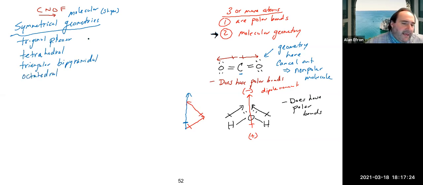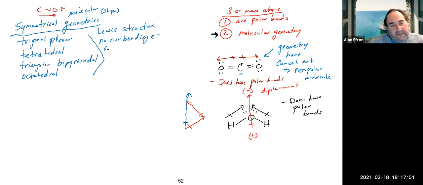And again, if you draw a Lewis structure and identify it as one of these molecular geometries, what do they all have in common? Well, if you remember, if you look at the Lewis structure, there are no non-bonding electrons around the central atom.